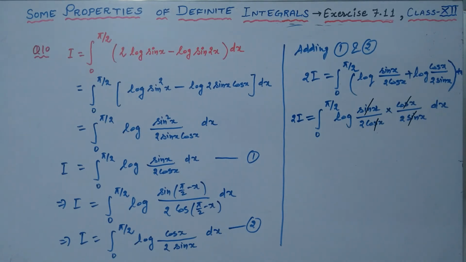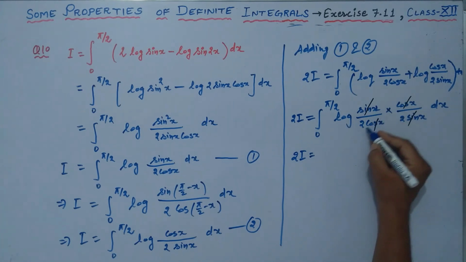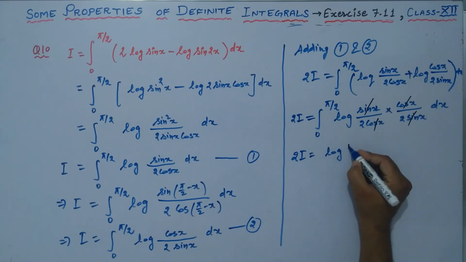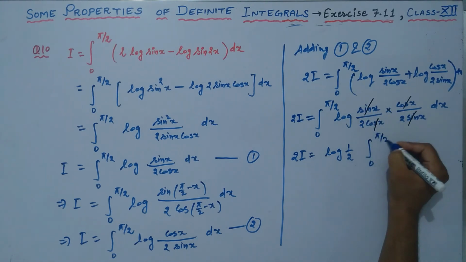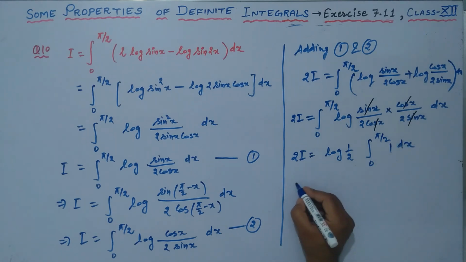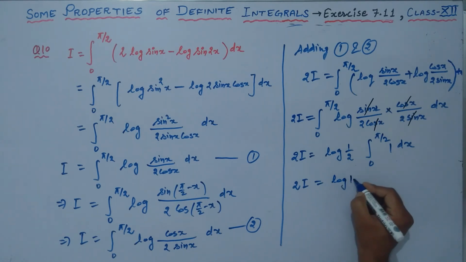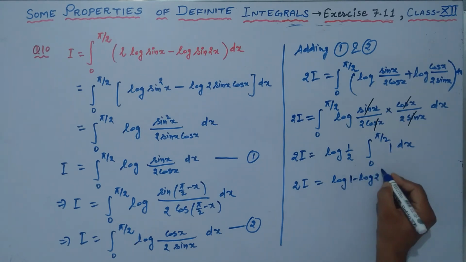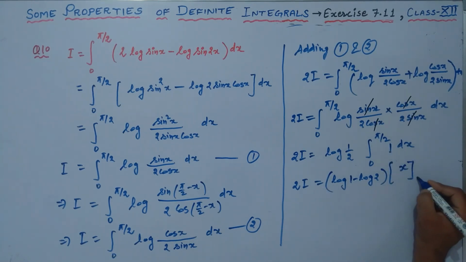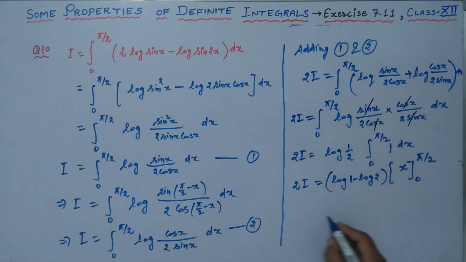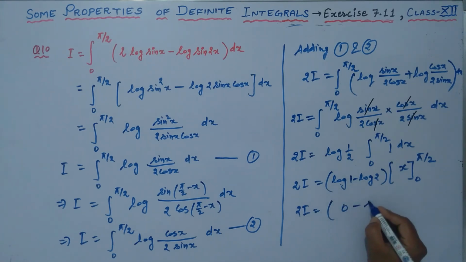What we are left with, 2i is equal to log 1 upon 2, integration 0 to pi by 2 of 1 into dx. This becomes 2i is equal to log 1 minus log 2 into integration of 1 is x, lower limit 0, upper limit pi by 2. 2i is equal to log 1, meaning 0, minus log 2.